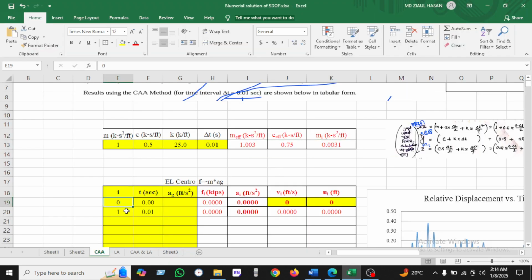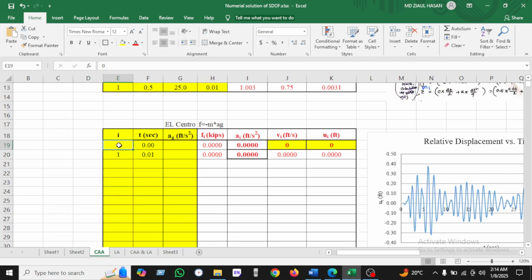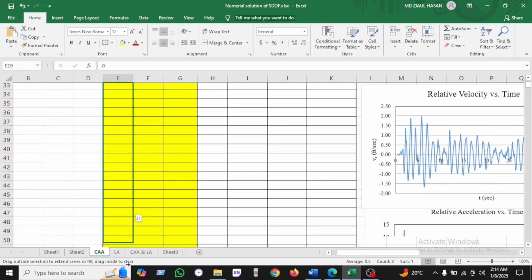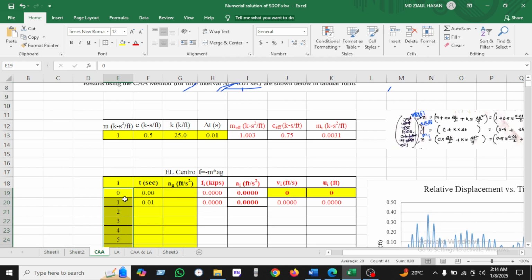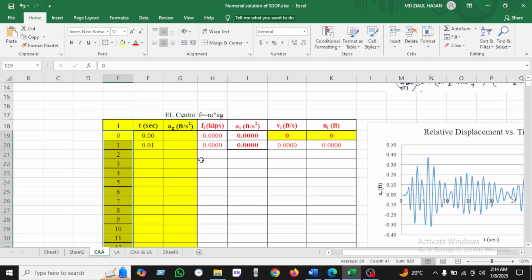And we know how many intervals we want to take, steps 0, 1, 2, 3, 4, and so on. We want to take 40 steps. Let's see, this is the 40.